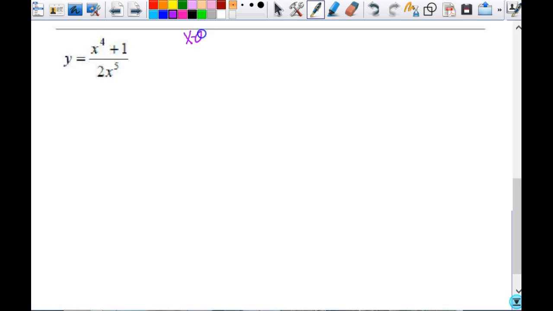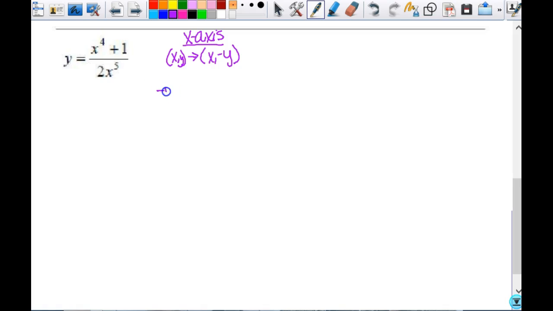Okay? So if it has x-axis symmetry, then (x, y) would map to (x, negative y). All right, so x stays the same. I plug in my negative y.